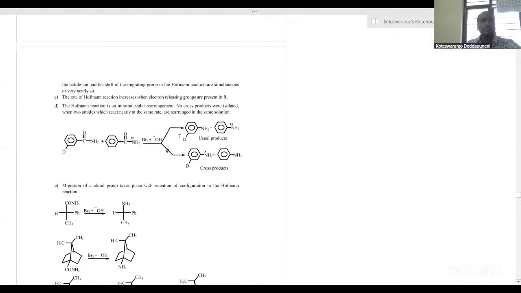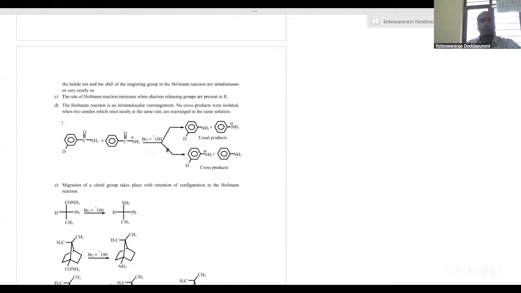The rate of the Hoffmann reaction increases when electron releasing groups are present. Like if R is an electron releasing group, the Hoffmann reaction rate will increase. Next, the Hoffmann reaction is an intramolecular rearrangement. No cross products were isolated.